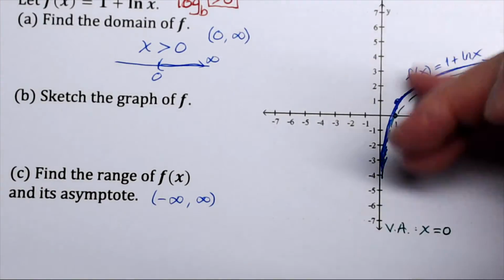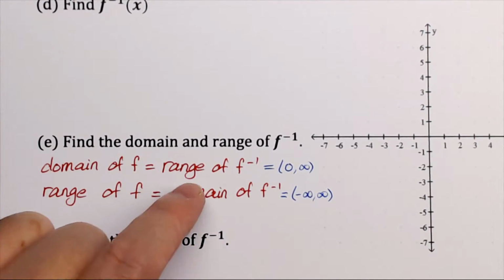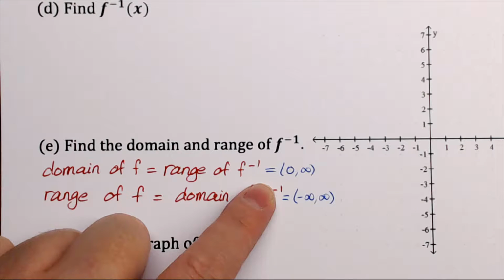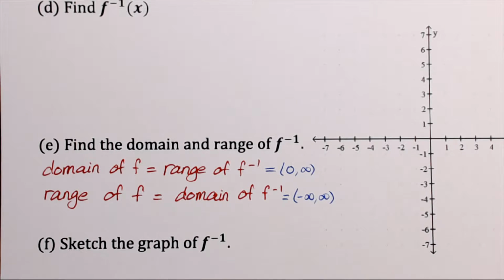In this problem where we add 1 unit up, the range doesn't change. So the domain of the function, the range of the inverse, is 0 to infinity. The range of the function, the domain of the inverse, is negative infinity to infinity.